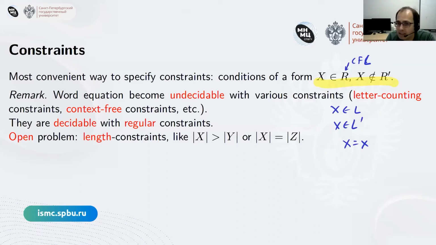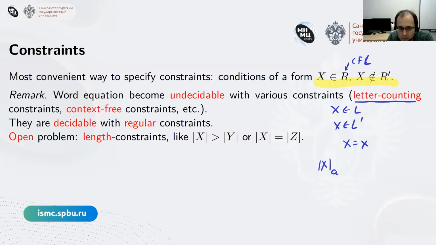Some other constraints which are also undecidable are letter counting constraints, which means that we have access to the number of letters A inside the variables. Those constraints cannot be written in this simple form, but there is some arithmetic on the number of occurrences of A in different variables, and again, this is expressive enough to show undecidability.